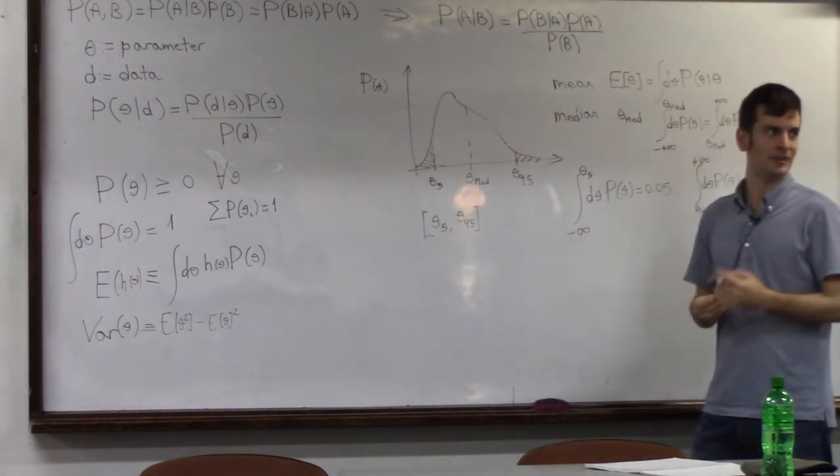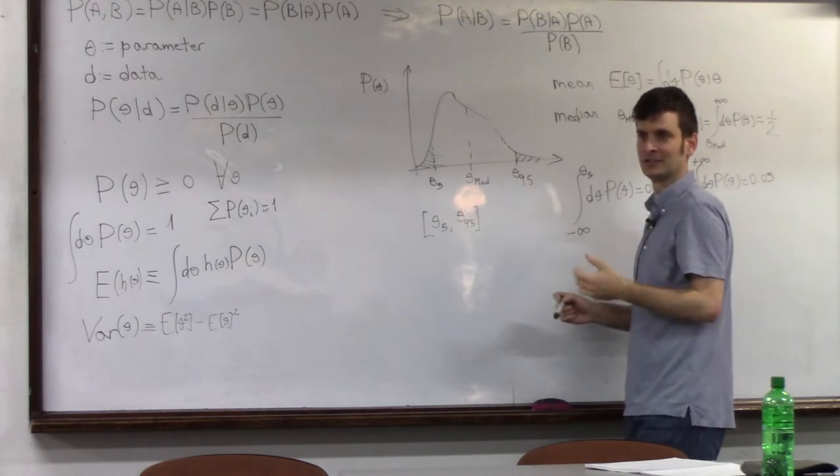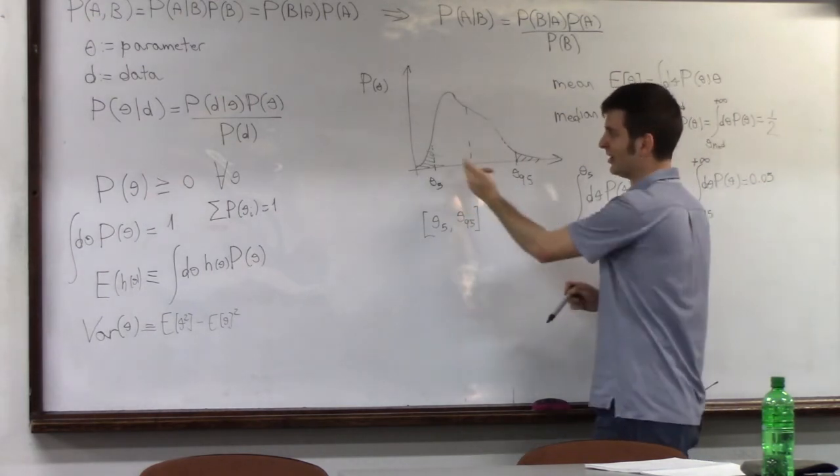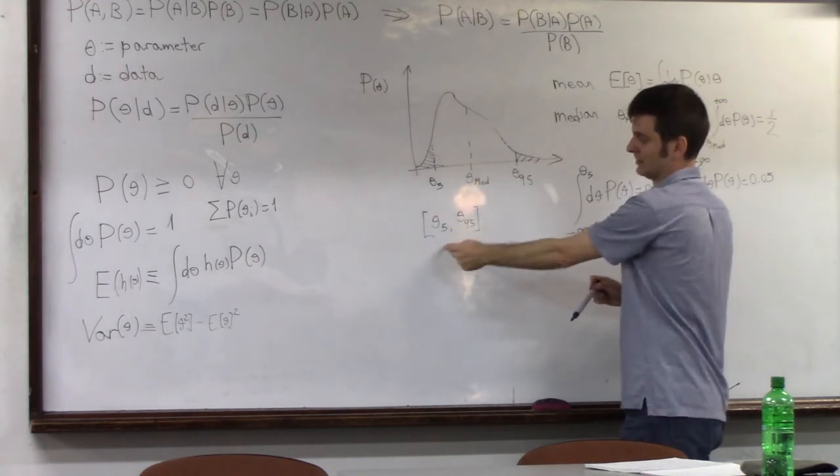If I give you these two numbers, then I'm telling you that I think there's a 90% chance of the true value of theta being in this region.